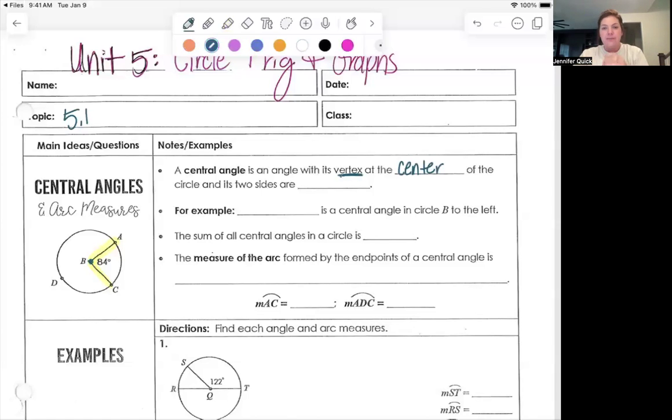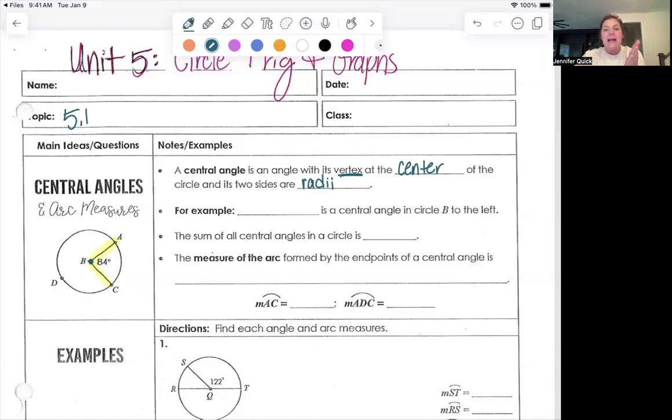If I throw an angle in a circle where the vertex of that angle is centered on the center, then it's called a central angle. So at the center of the circle, and its two sides are the radiuses, but they're called radii.